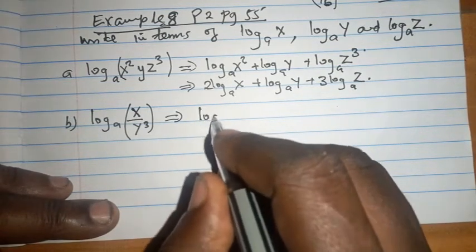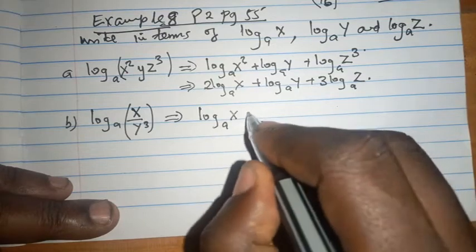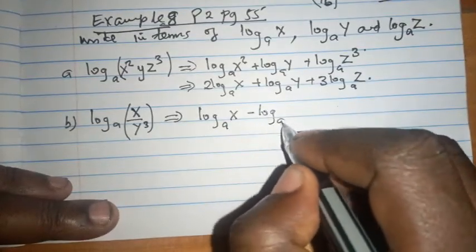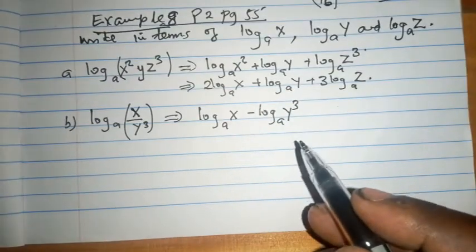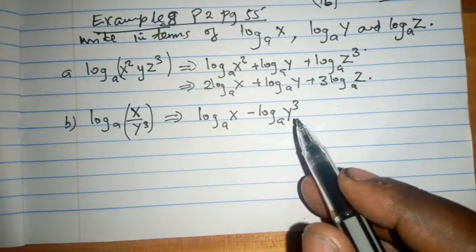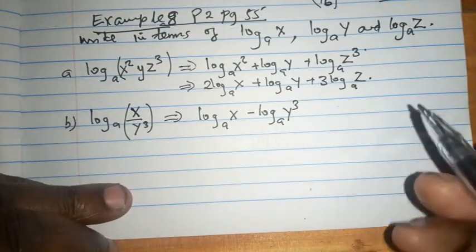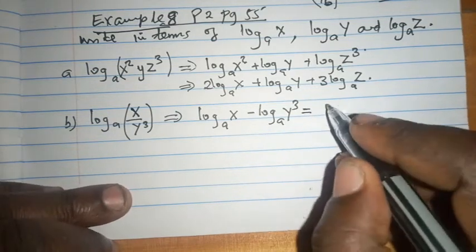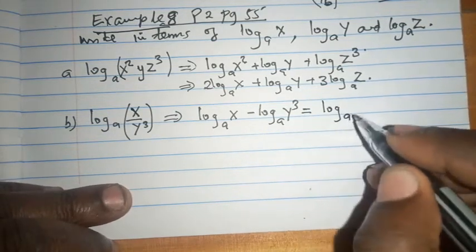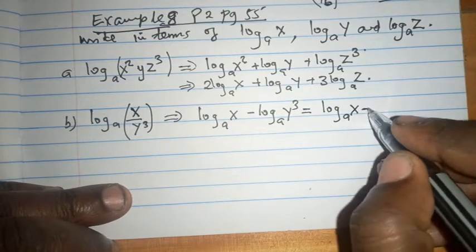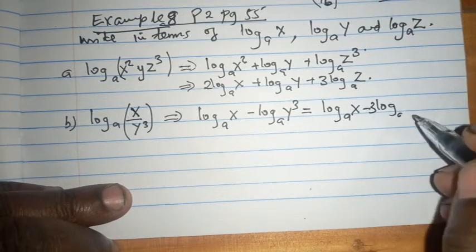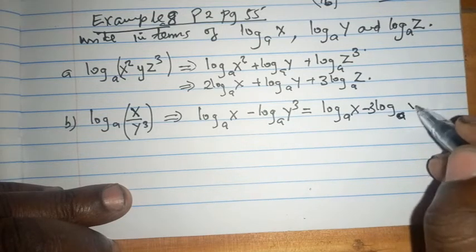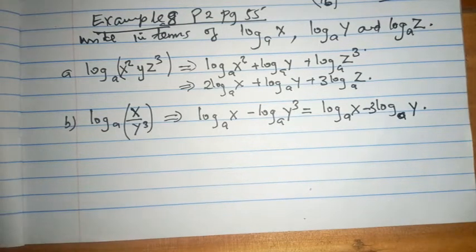So this is log a of x minus log to base a of y cubed, and of course for this one the index has to be a coefficient. This is log to base a of x minus 3 log a of y, and that is the final submission as far as that one is concerned.